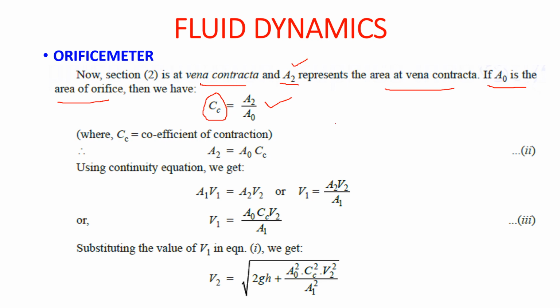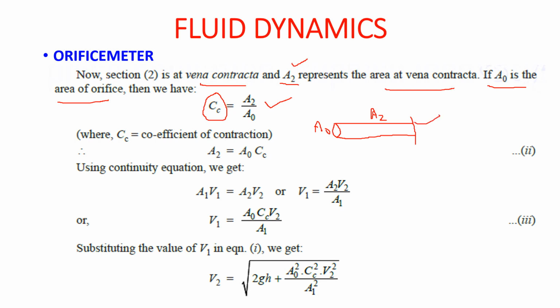Here I will just draw: this is the stream of water, and here you have the orifice. This is A0, I am writing here, and the water which is flowing through this particular orifice, after this it is A2. The diameter area of that jet of water is A2, but this is nothing but the vena contracta section.